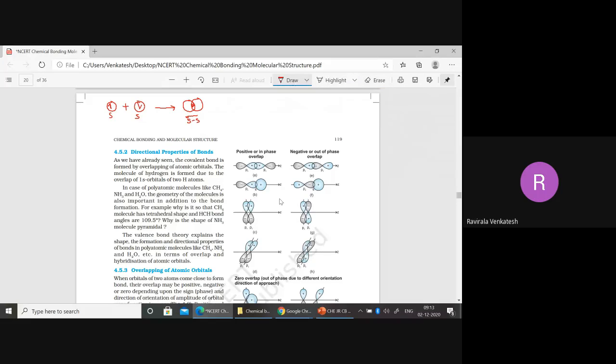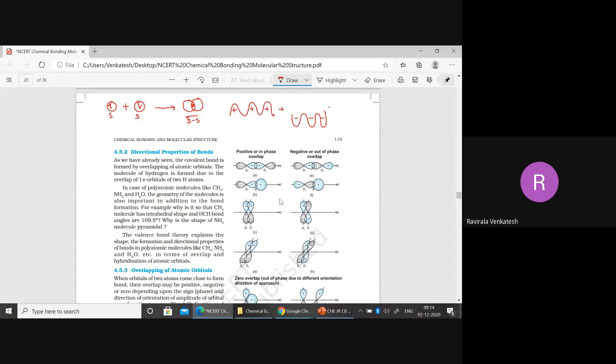For example, a wave is propagating like this. I am saying this is the positive sign. I have taken one more wave also, propagating in the downward direction, which is the negative sign. So the first wave is propagating in this manner and the second wave in this manner, plus and minus.